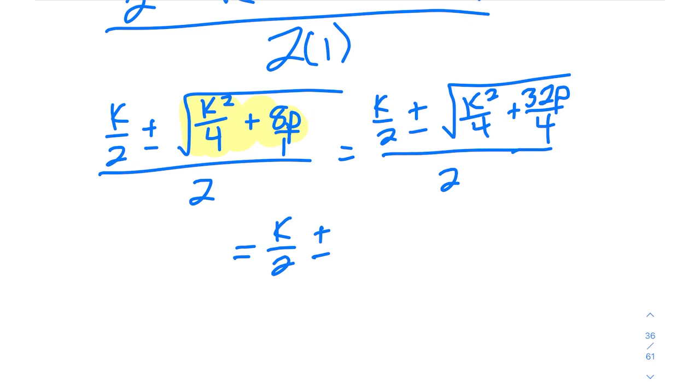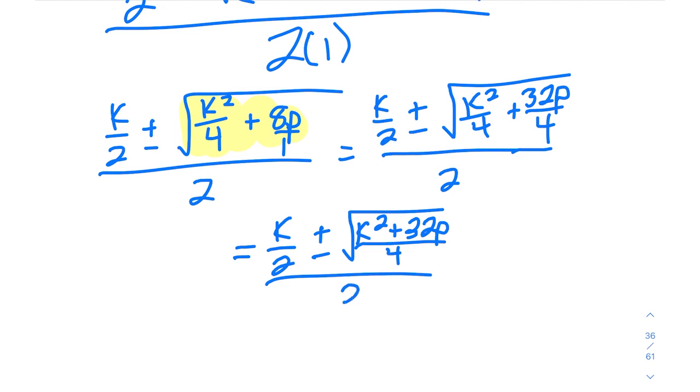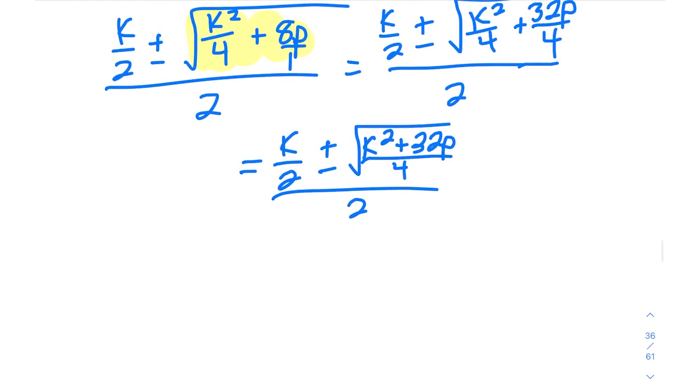If we rewrite that as one fraction, this is k over 2 plus or minus square root of k squared plus 32p all over 4, and then the whole thing divided by 2. And remember, when you're taking the square root, you can take the square root of the numerator and denominator separately.